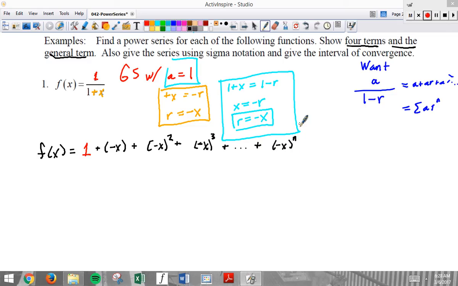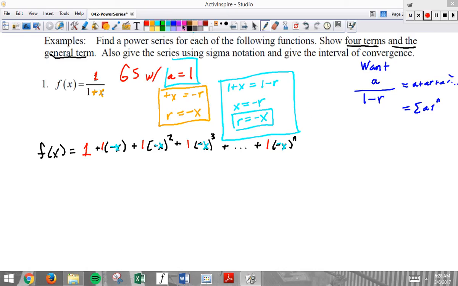r to the n. So in case this helps, 1 times that, 1 times that, it's still a times r. And in case you're not seeing it, this is r: r to the 1, r to the square, r to the cube, r to the n. Now I'm going to simplify that a bit just so you can see what's going on.